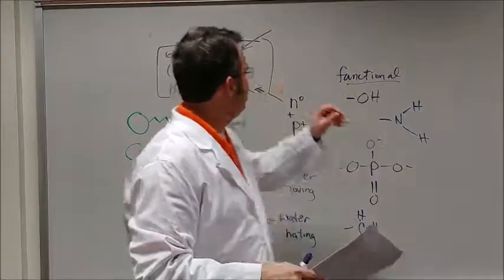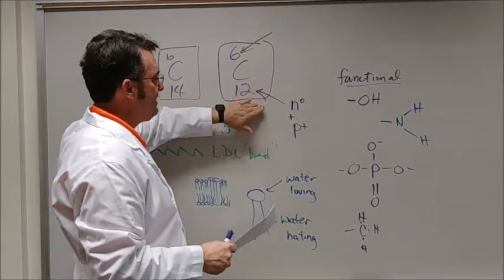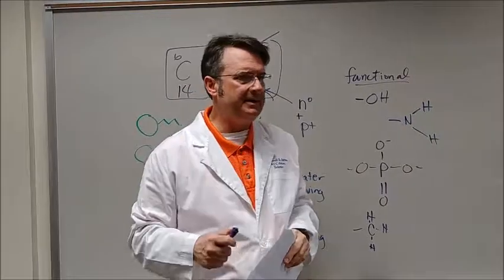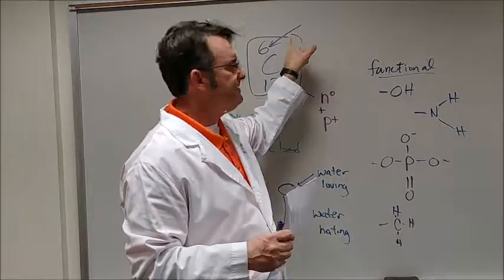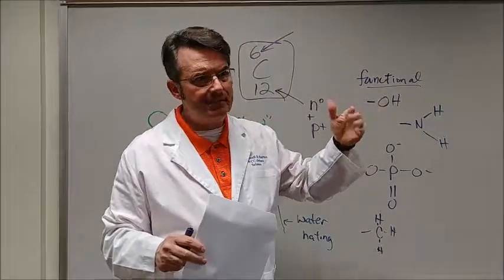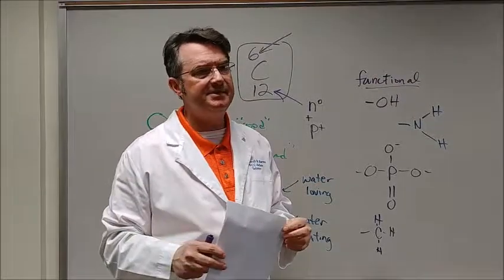So let's say, everybody say atomic number. Atomic number. And atomic weight. Atomic weight. One of the other things that I need to make really clear to you is that this top number is the identity of the element. For instance, if you go up to 7, you are no longer carbon. I believe it's nitrogen next.